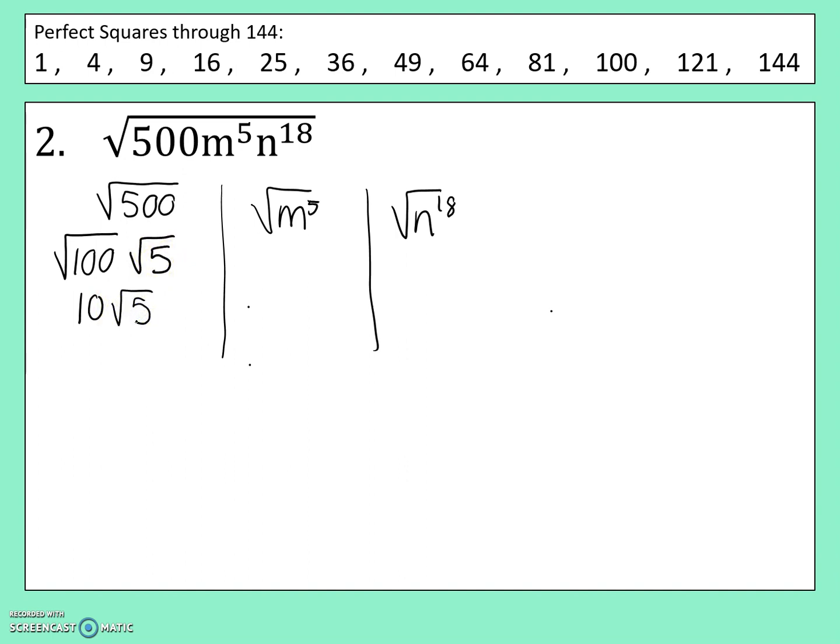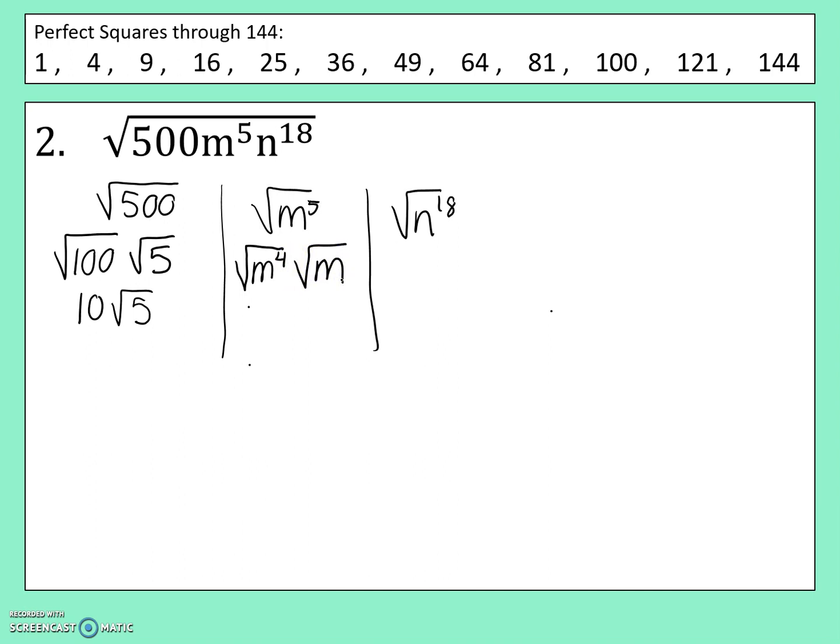Moving on to the variables. We have radical m to the 5th. Now we notice that 5 is an odd number, which means that before we do anything, we need to break this down. Now we're going to break m to the 5th into m to the 4th and just m.